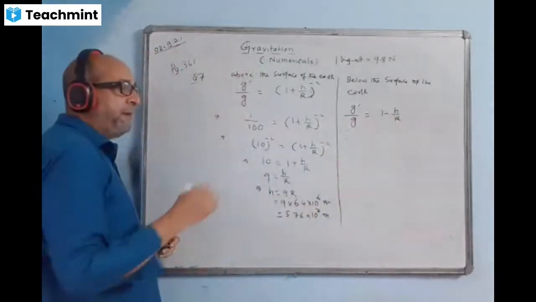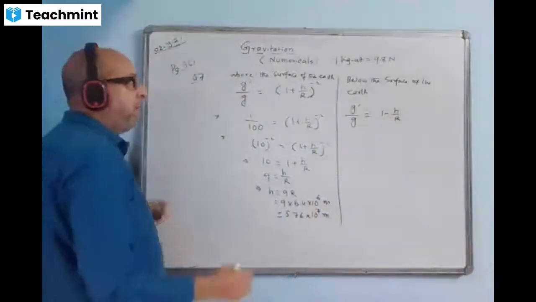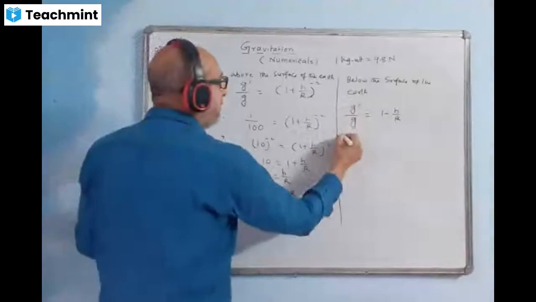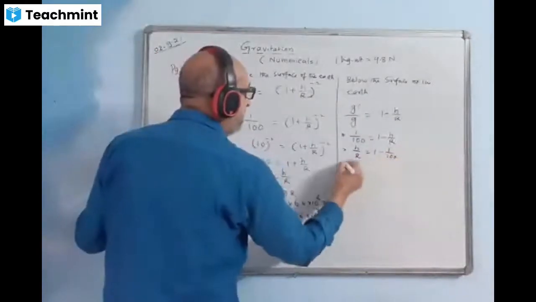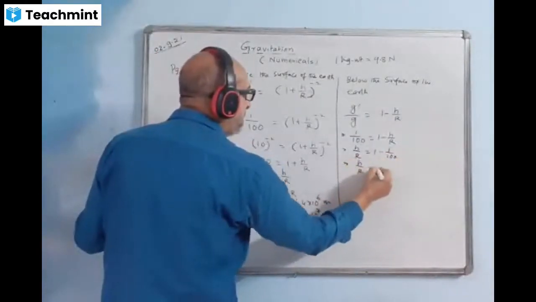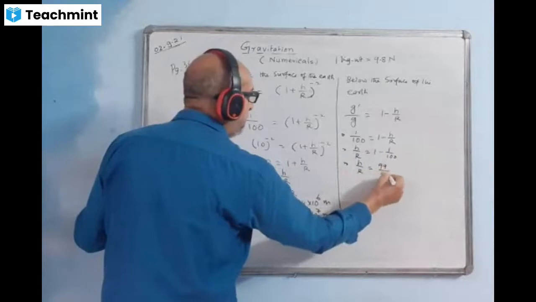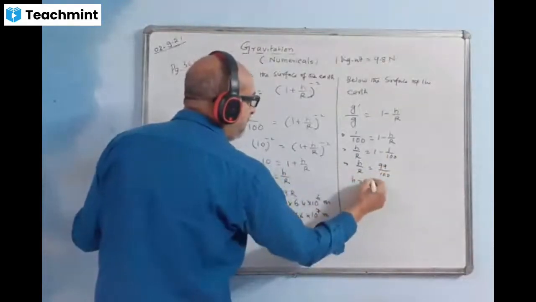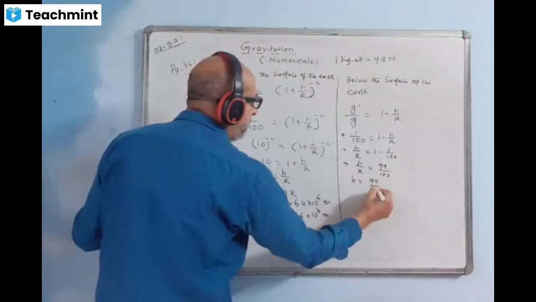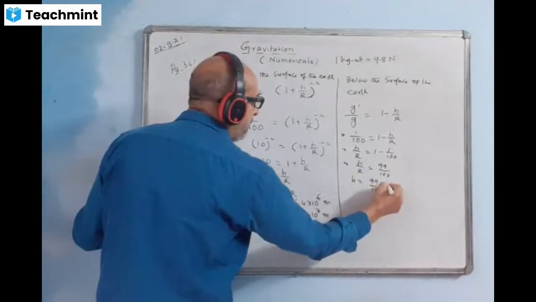So 1 by 100 is equal to 1 minus h by r, this becomes 1 minus 1 by 100, h by r is 99 by 100. Therefore, h value will become 99 by 100 into R.